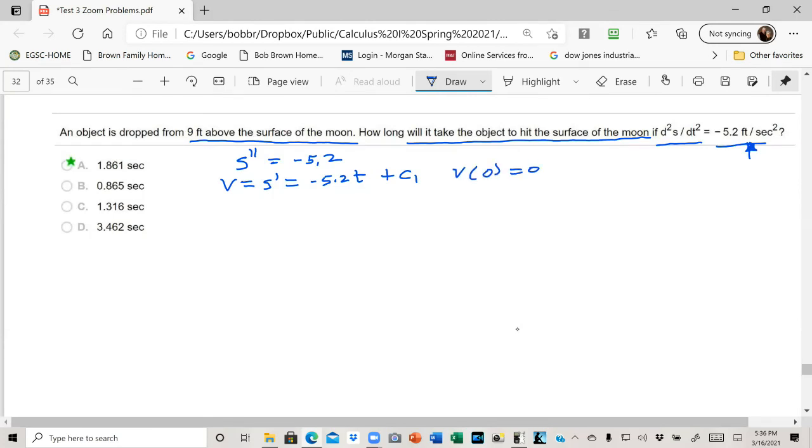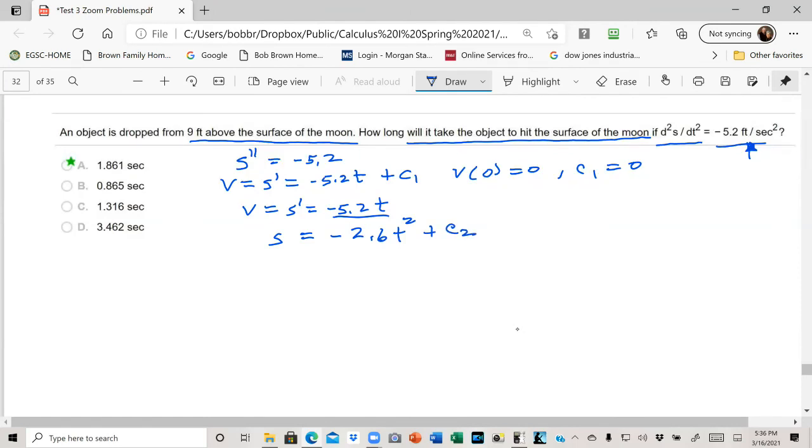That means that C1 must equal 0. So we have V equal S prime equal minus 5.2t. So S, the position, is going to be the antiderivative of minus 5.2t, which is minus 2.6t squared plus C2.